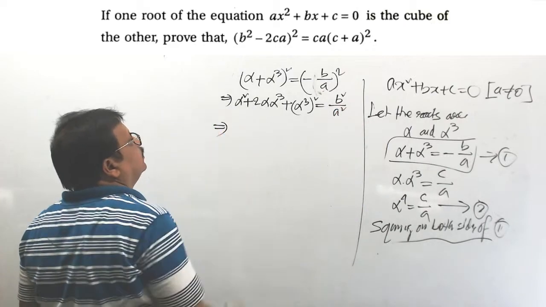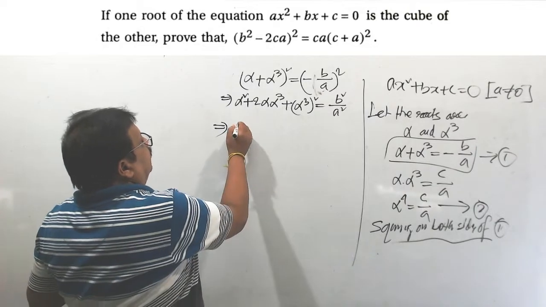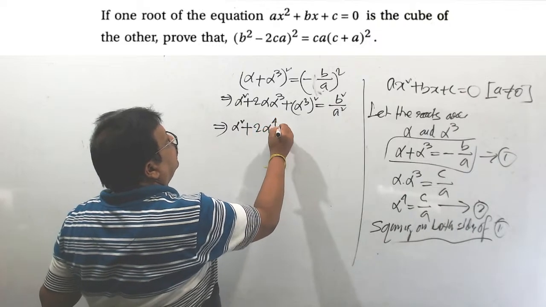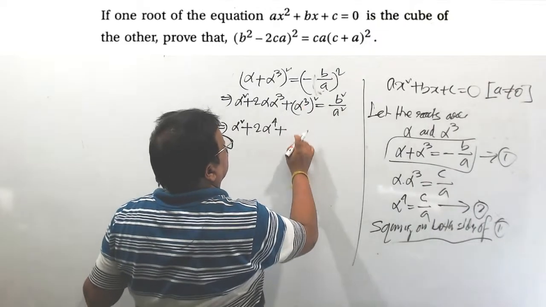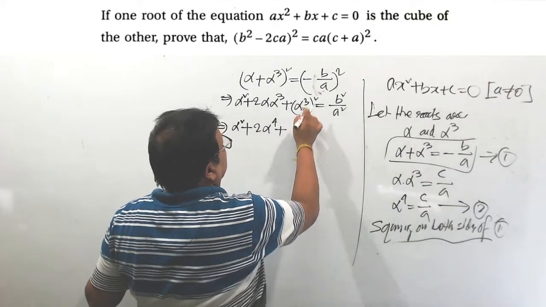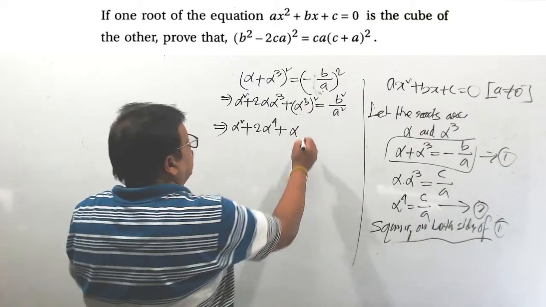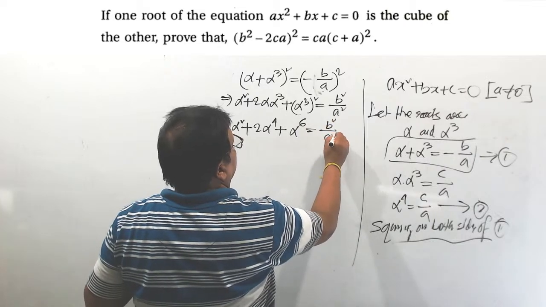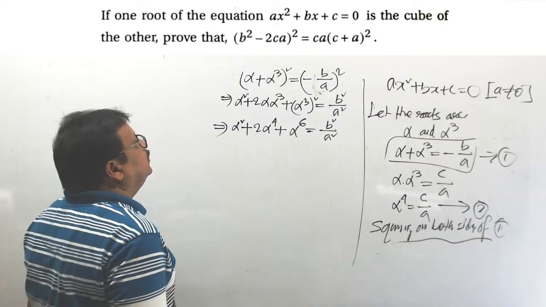This implies alpha square plus 2 alpha to the power 4 plus alpha to the power 6 is equal to b square by a square, right?